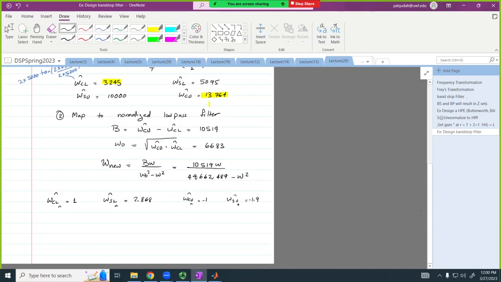Everybody knows what I'm talking about? Okay. So here we have a 1.8 transition. Here we have 0.9 transition. So this is a tighter limit to meet. So therefore we use it to design our specs, to design our filter.